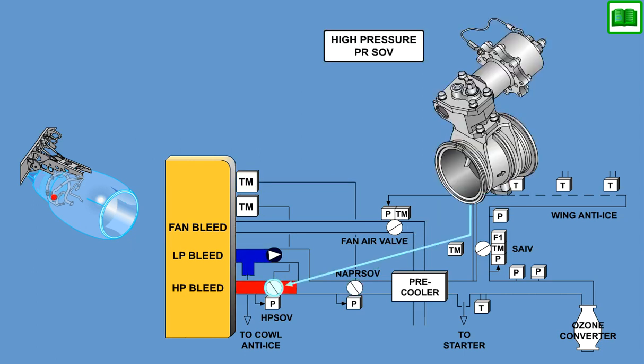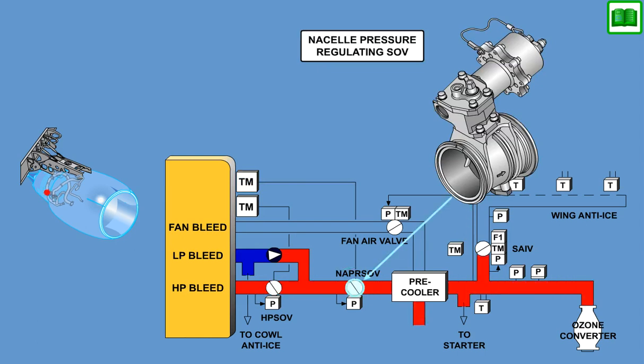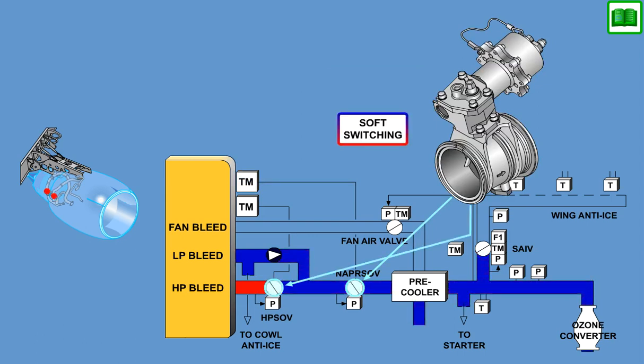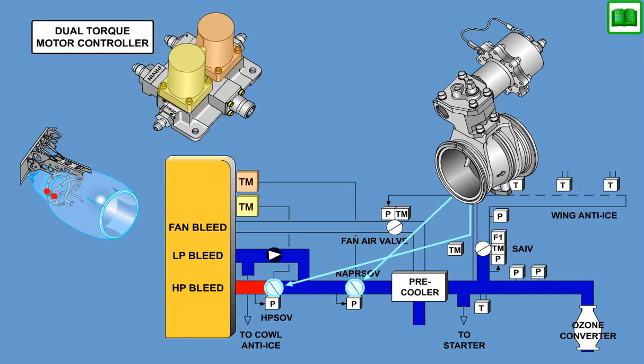When the high stage is selected, the regulation set point of the manifold valve is set at approximately 5 psig higher to allow for soft switching between the high and low stage bleed ports. In either case, the valve position is controlled by a pneumatic servo signal received from the appropriate controller.